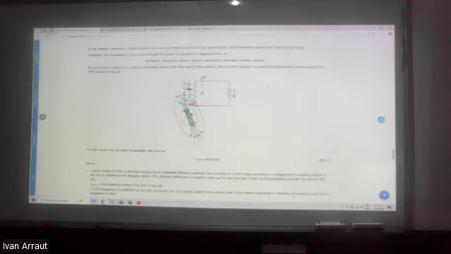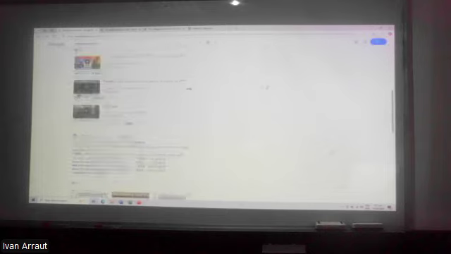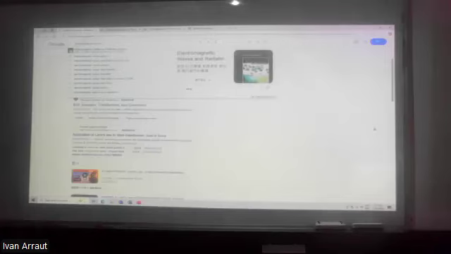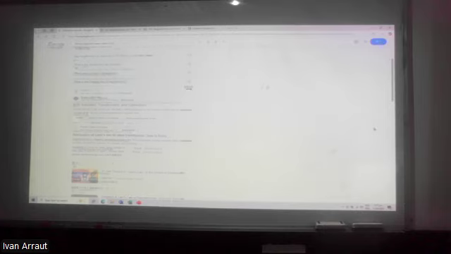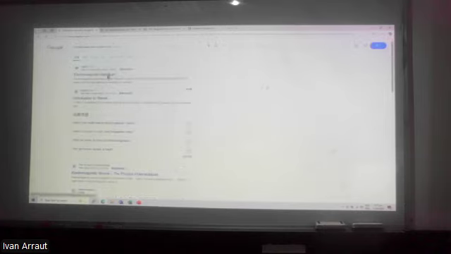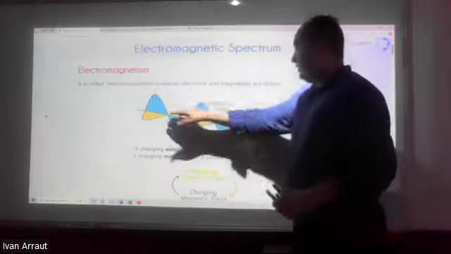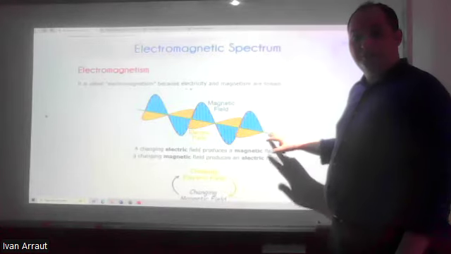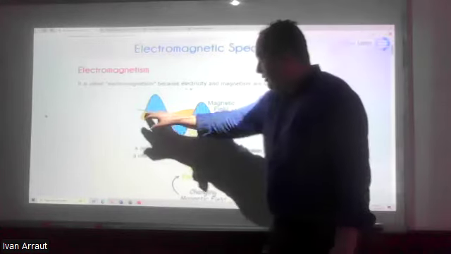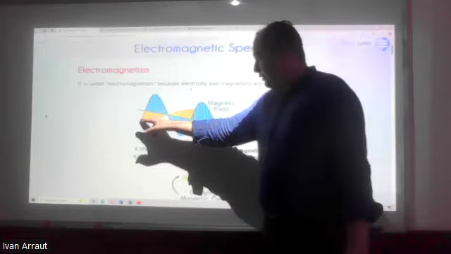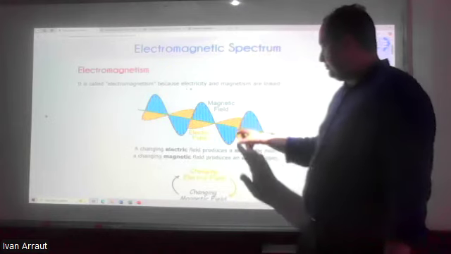Let me see. I think here, somewhere, I will show you. Before going into the details, you will see that the wave is moving in one direction at the speed of light. You will have a magnetic field fluctuating like this, and an electric field perpendicular, moving like this.